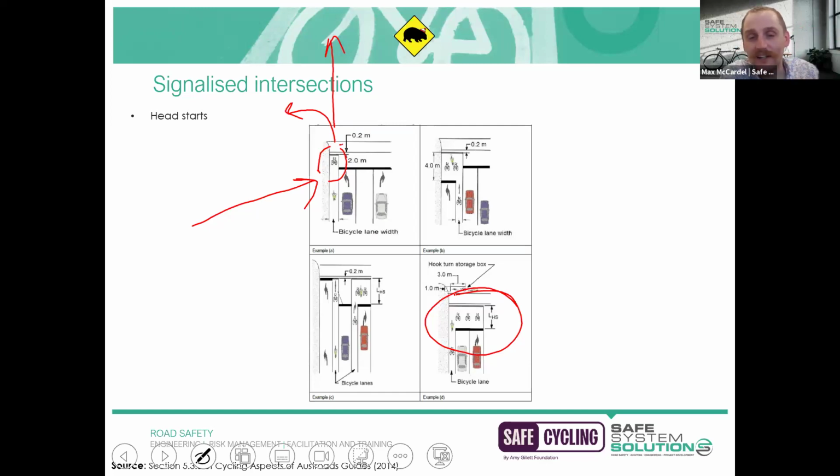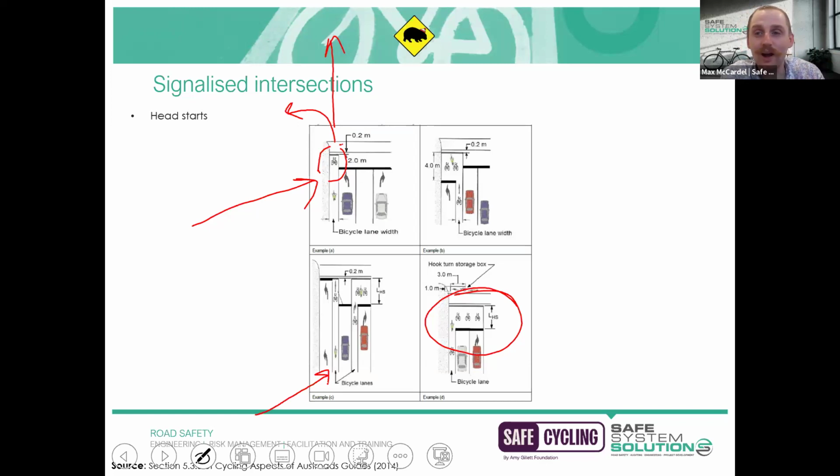I just wanted to highlight example C here, which is this idea of having one bicycle lane between a through lane and a left lane, and then another bicycle lane between a through and a right. Actually not that common and not one that we'd probably recommend.